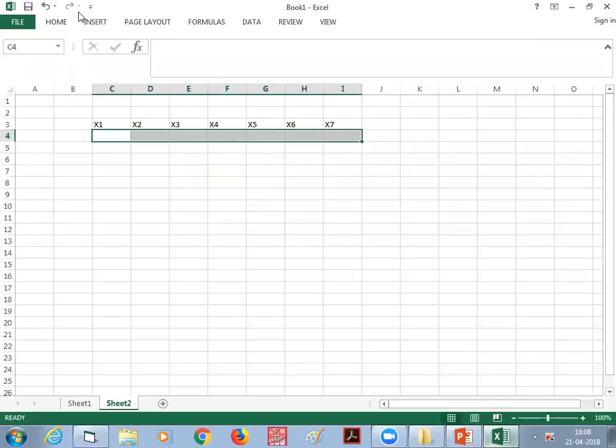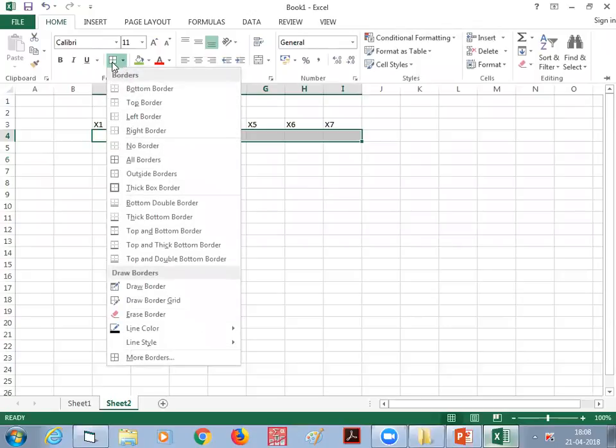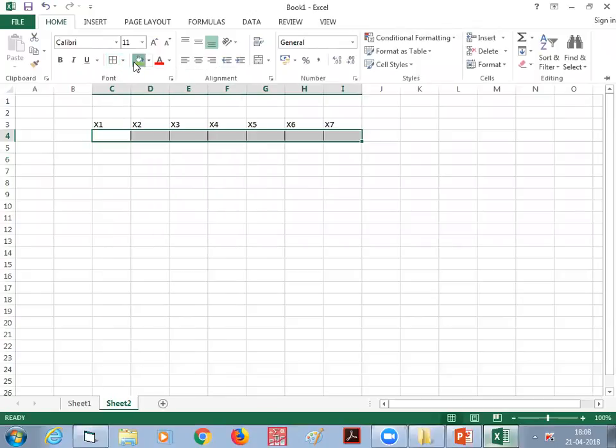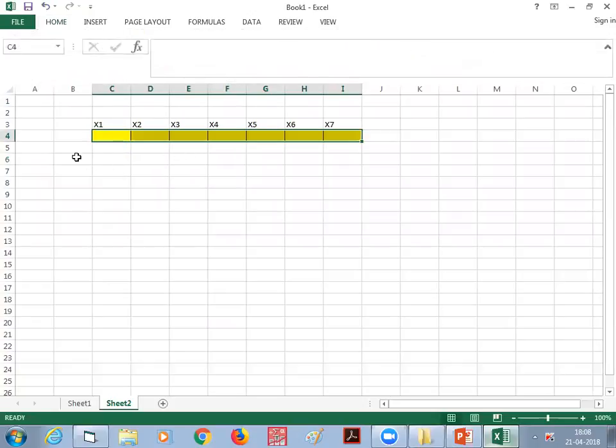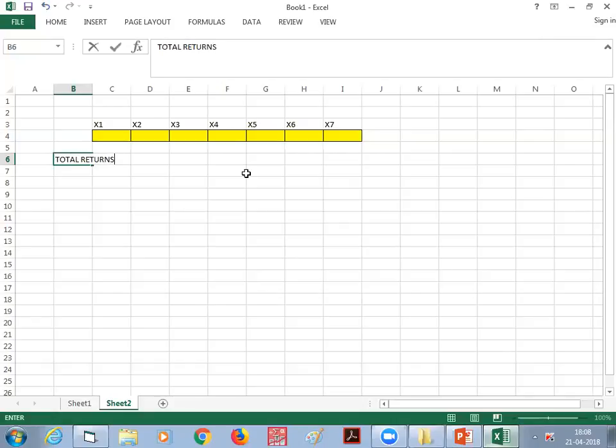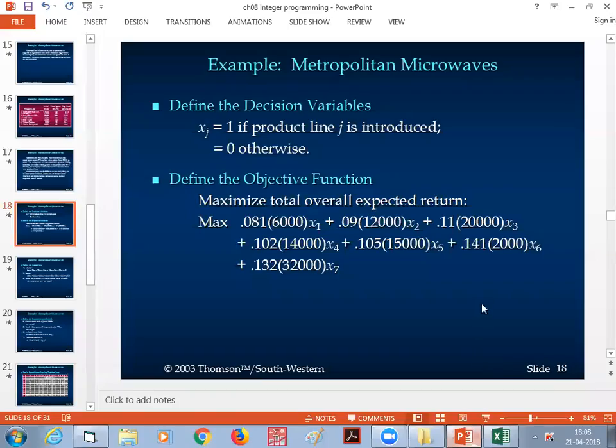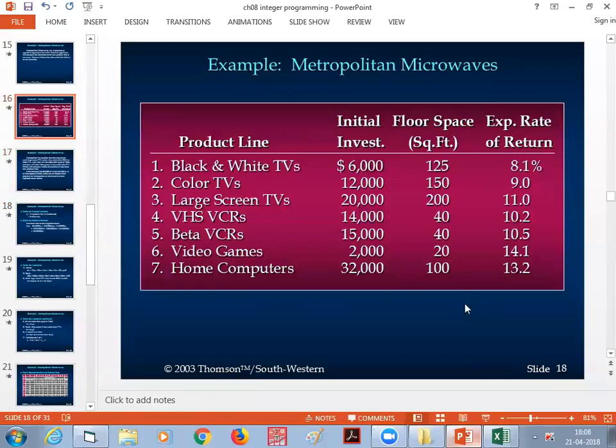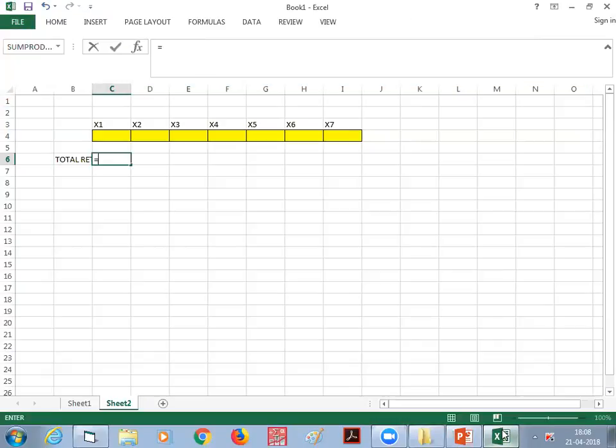These are the variables. And our objective, so total returns. Of course, in this case, they have to multiply. So 8.1% into 6,000. So 0.081 into 6,000.